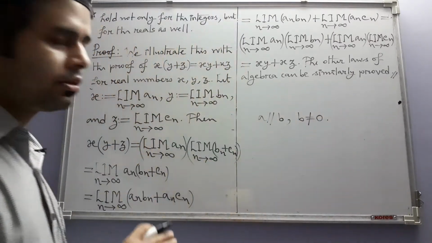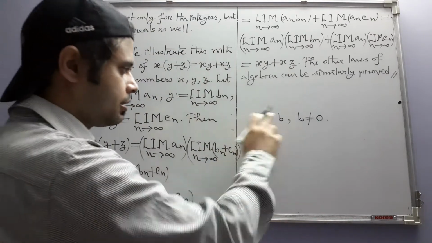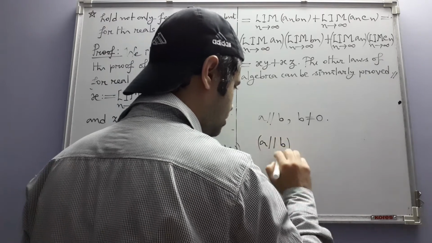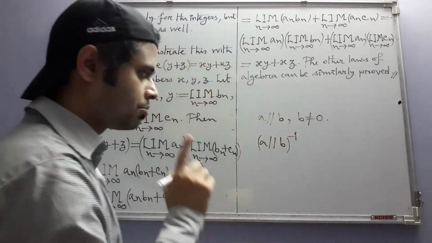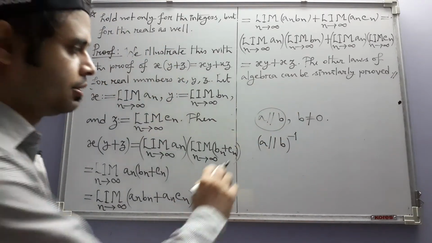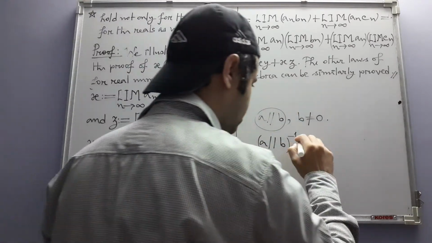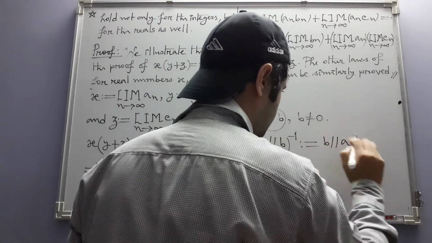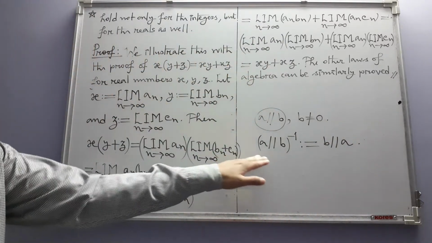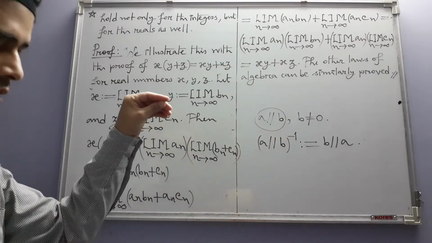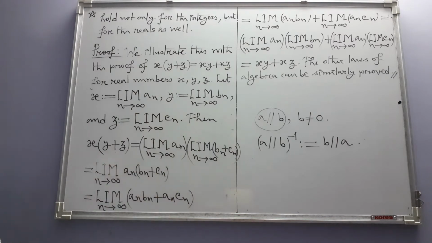The definition of reciprocation for such a rational number, provided the rational number itself is non-zero, that is a is not equal to 0, is this. So the thing was quite simple for rational numbers. However, here for real numbers the things are going to be complicated.